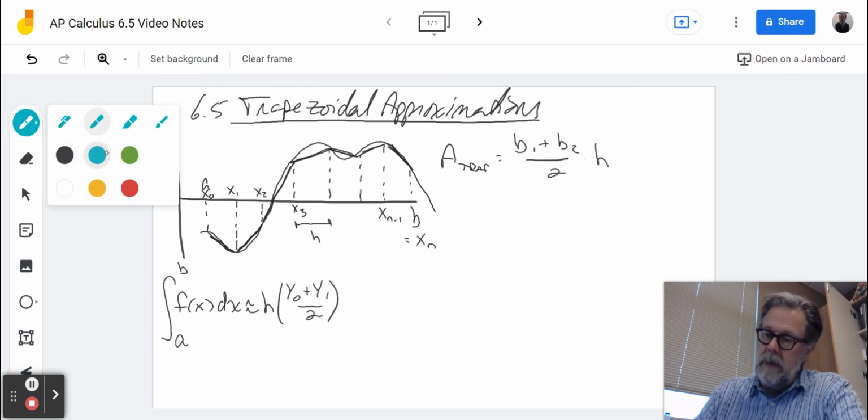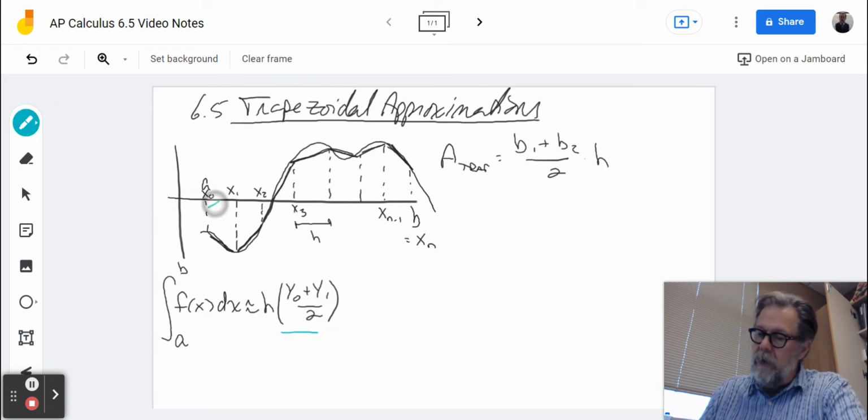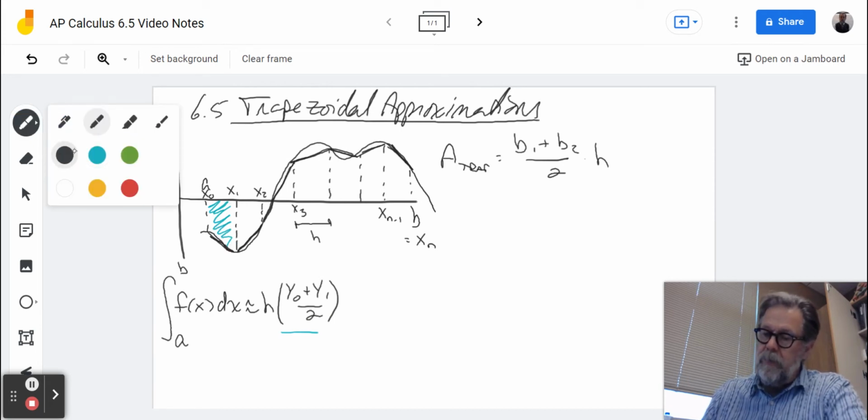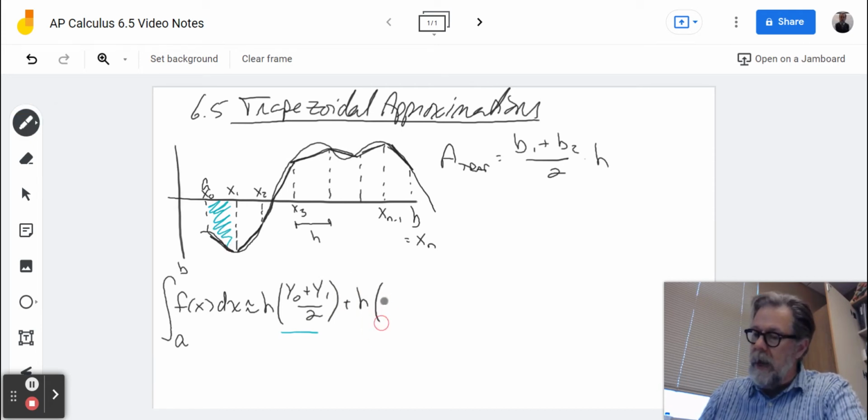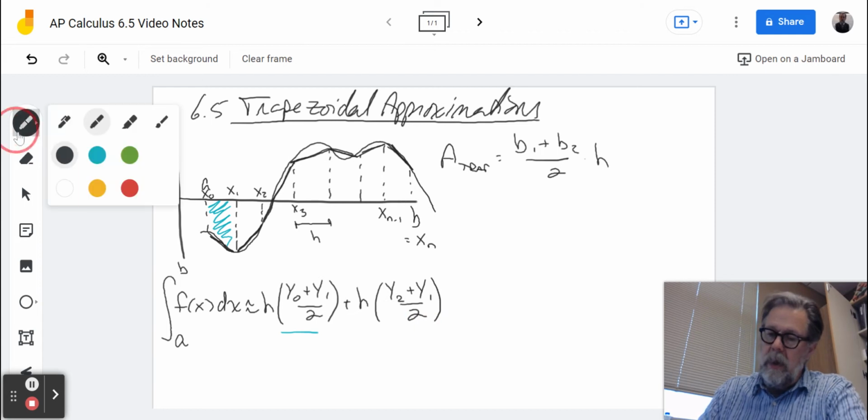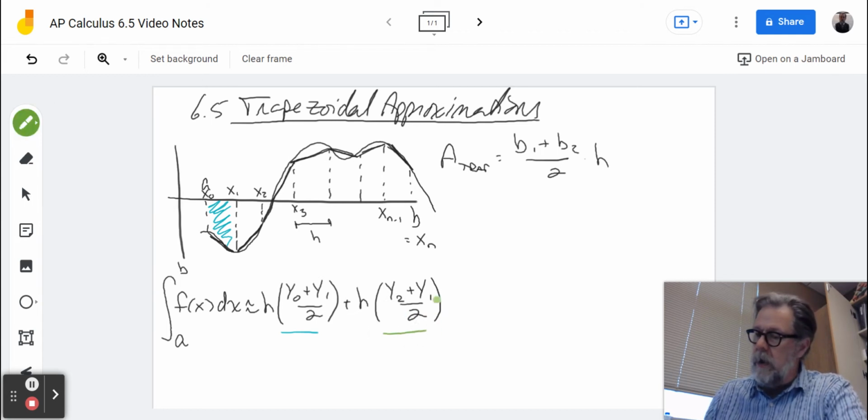There's trapezoid number 1, plus h times y sub 2 plus y sub 1 divided by 2. There's my second trapezoid.